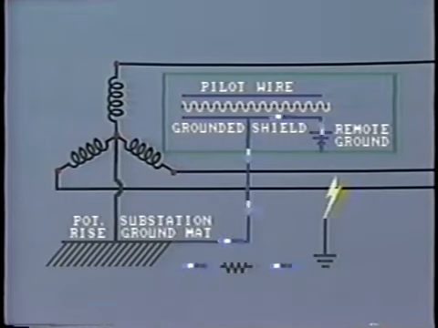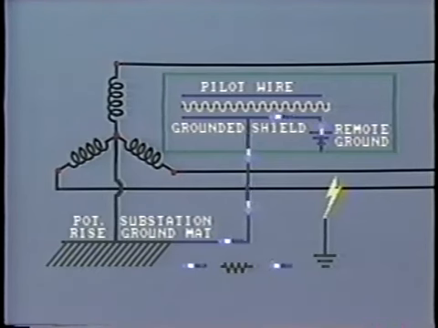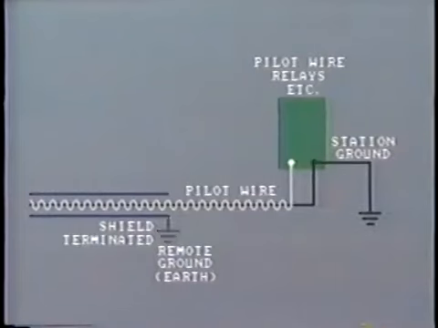In fact, if this shield was connected to the ground mat, it is probable that the large fault current from the power line would try to flow along this shield and cause damage to the cable. For this reason, the shielding is terminated outside of the ground mat area. Likewise, when grounding the drainage reactors that we just mentioned.